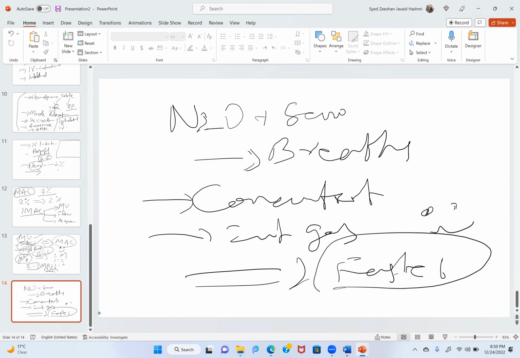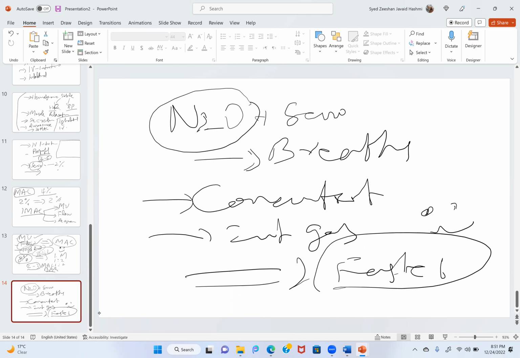Okay, so you can use this concept as well. But at the time of induction, people are afraid of giving nitrous oxide, that in case they are not able to intubate, there will be a problem. So of course you have to weigh risk versus benefit. But if you want to make everything fast, you can do it.